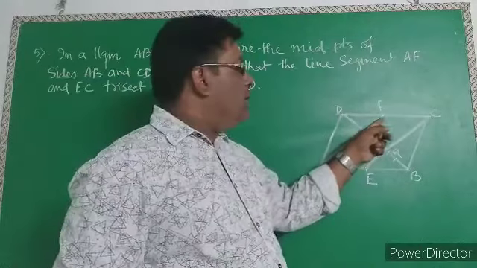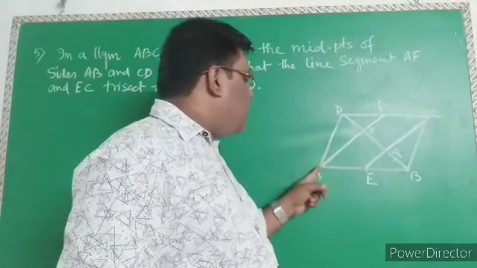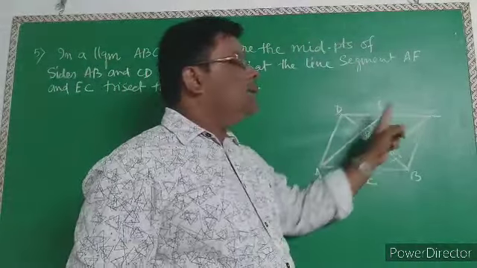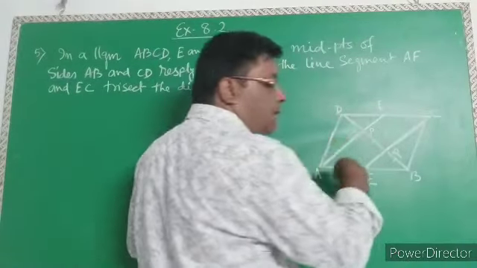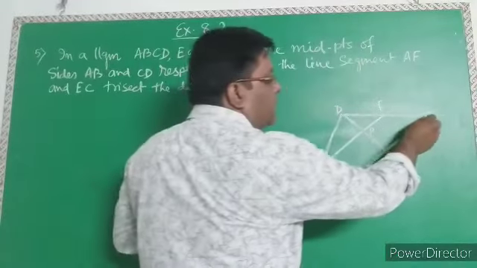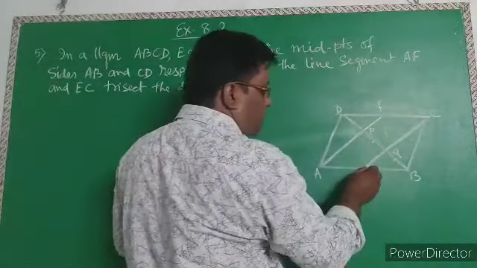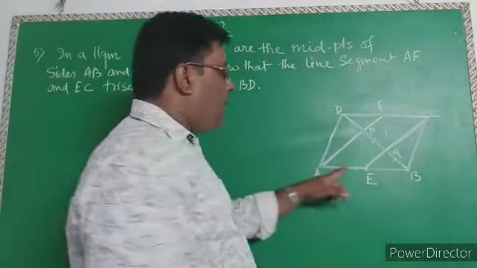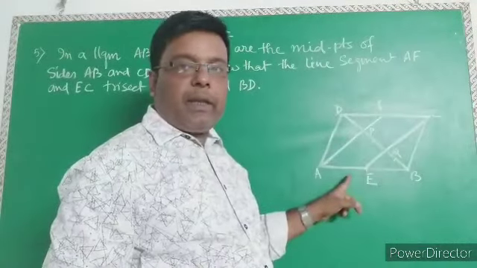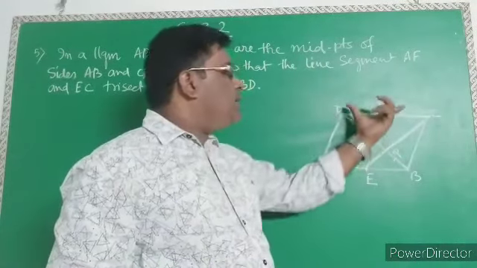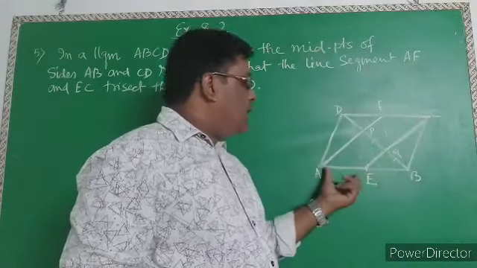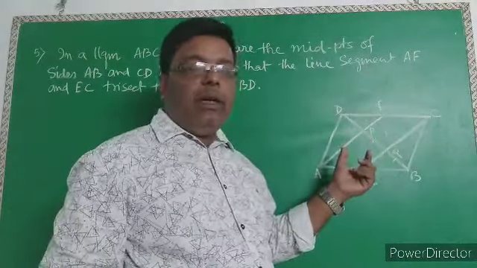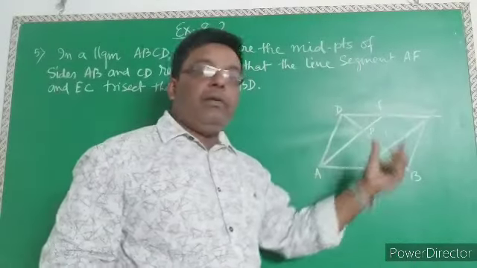First we have to show that AECF is a parallelogram. Since ABCD is a parallelogram, CF and AE are parallel to each other. And since it's a parallelogram, AB and CD are also equal. So half of AB and half of CD, that is AE and FC, are also equal. That is, these two parts are equal and parallel.